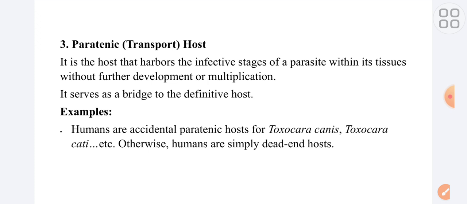Examples here: humans are accidental paratenic hosts for Toxocara canis and Toxocara cati. This is very rare and occurs on unnatural occasions. Otherwise, humans are simply dead-end hosts.